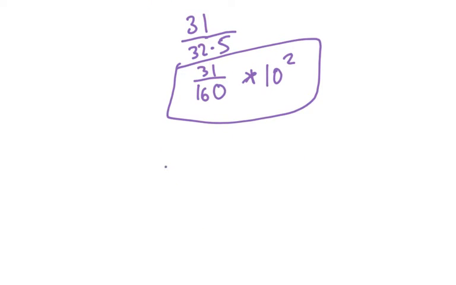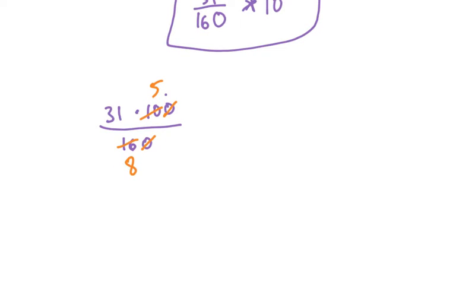I'm looking at this and I guess we can technically say 31 times 100 over 160. And then we could keep breaking it down if we wanted to. So it's 0 and 0 to cancel out. 10 and 16 are both divisible by 2, so this is 5 and 8. So you could break this down to 155 over 8 if you wanted to be a little bit prettier with the number.